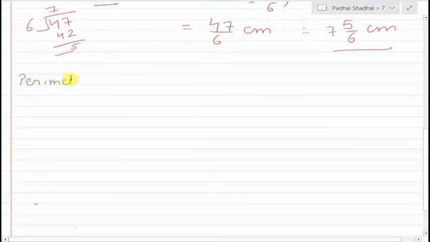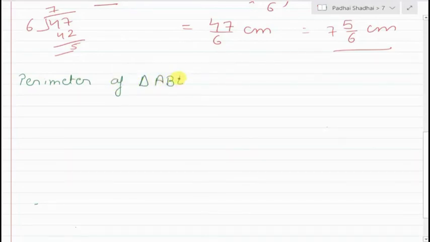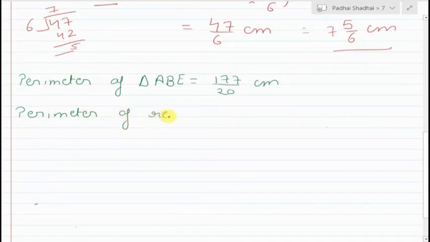First, perimeter of triangle ABE is equal to 177 by 20 centimeters and perimeter of rectangle BCDE is 47 by 6.